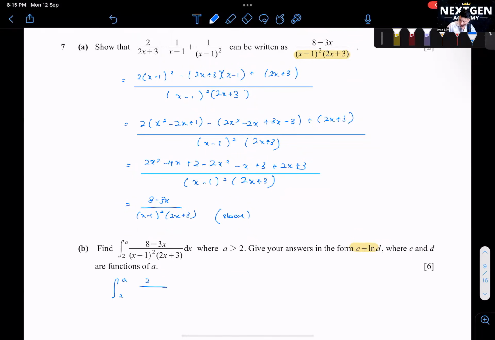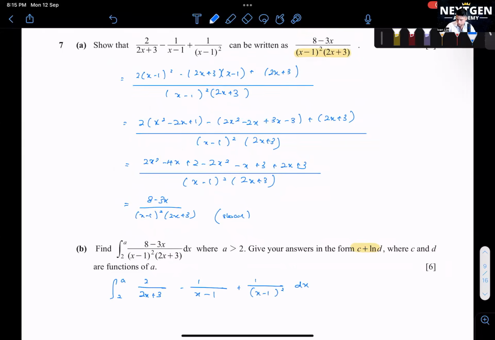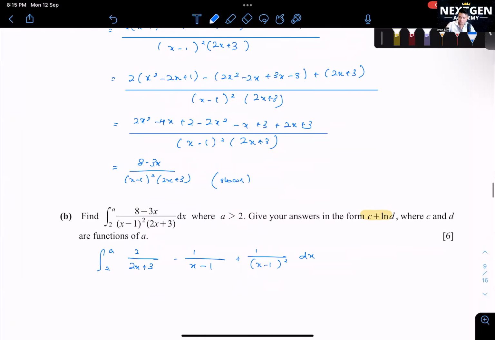2 over 2x plus 3 minus 1 over x minus 1 plus 1 over x minus 1 square. Can see here. Okay, Dylan, why you owe? So you need to do it in this form first. This form I cannot integrate. So always get the clues.